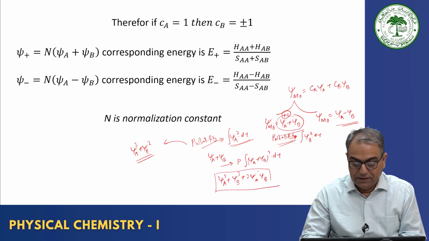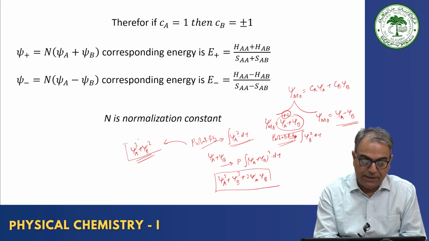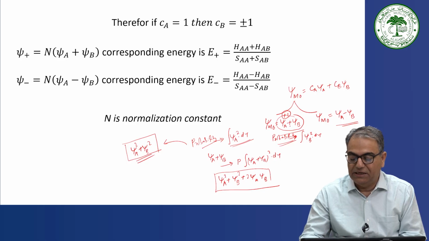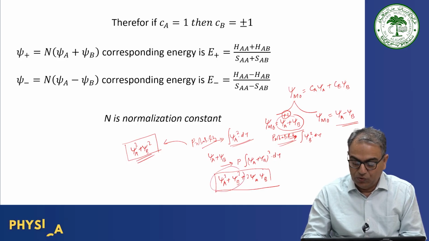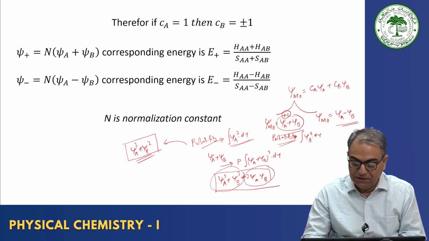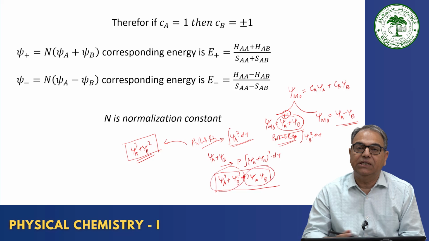It means that for two independent hydrogen atoms, psi A and psi B orbitals, if you calculate the total probability or total electron density, it comes out to be psi A square plus psi B square. But if they are linearly combined and you get an eigenfunction like psi A plus psi B, then the additional term 2 psi A psi B also crops up, and it is with a positive sign, which means electron density increases here. Okay.